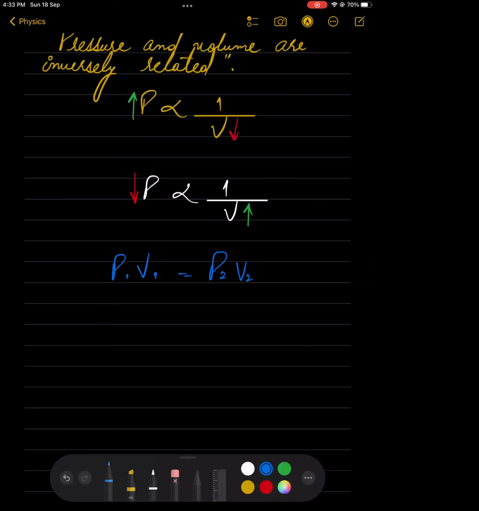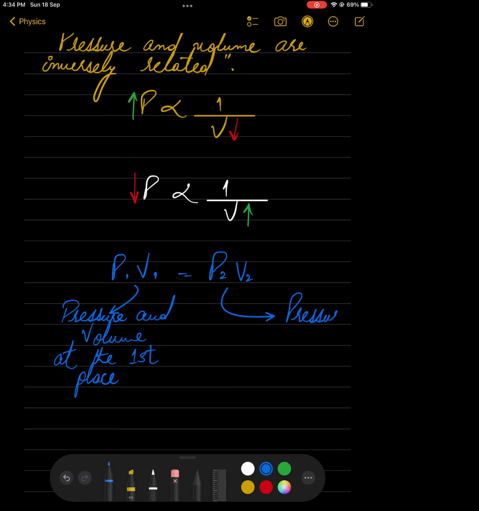Now over here what we need to understand is that P1 and V1 are the pressure and volume at the first place, while P2 and V2 are the pressure and volume at the second place.